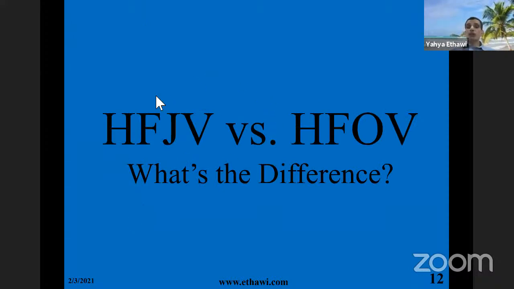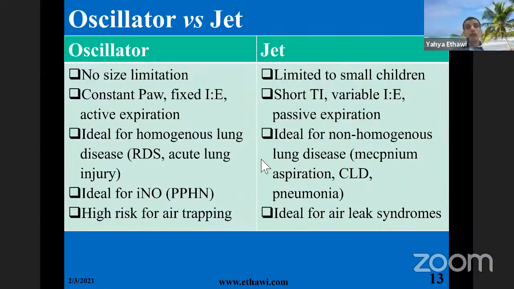What is the difference between high frequency jet and oscillator? The oscillator is not limited. We can use it in big babies, while the jet is limited to very small babies.